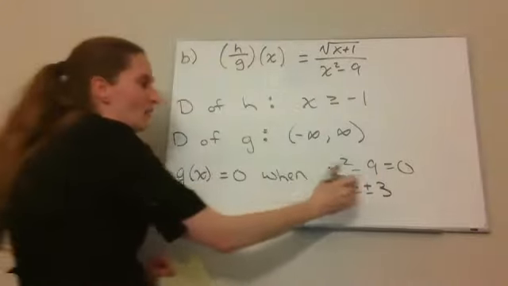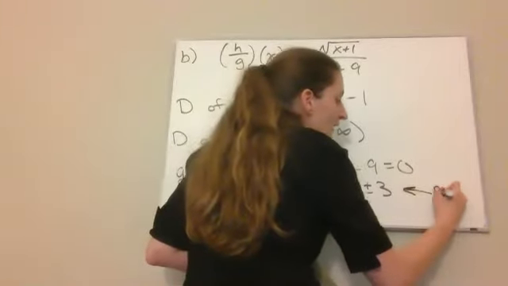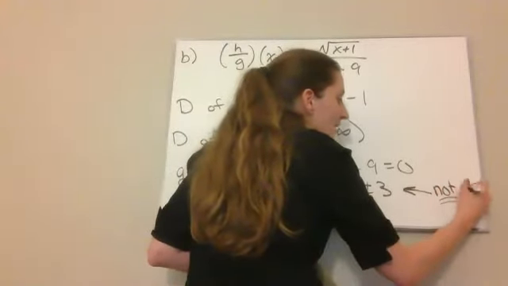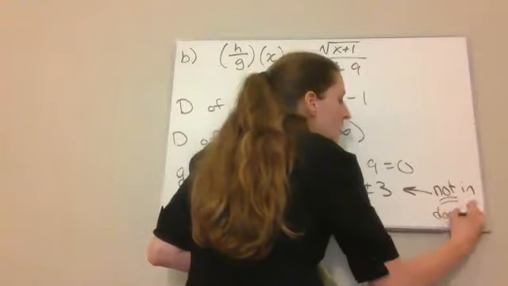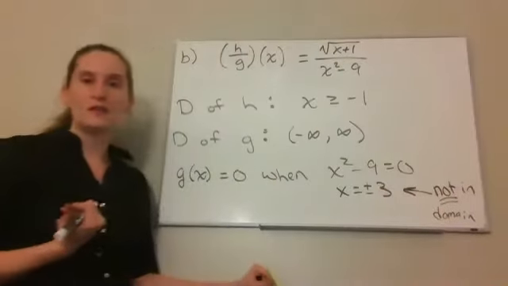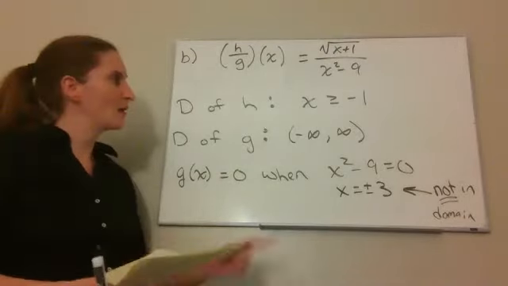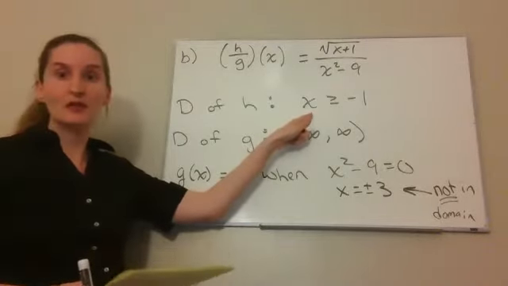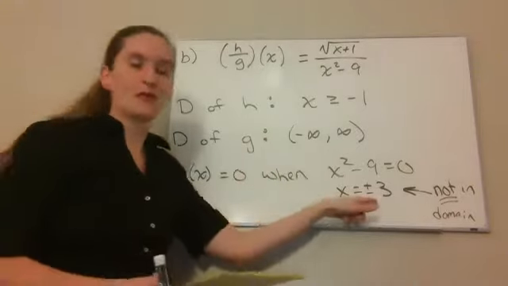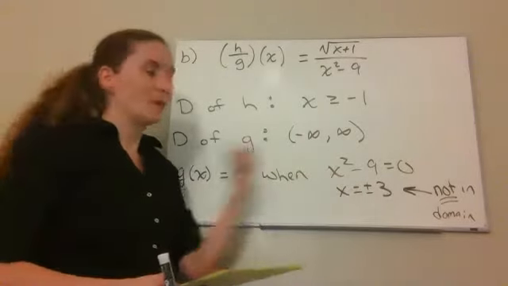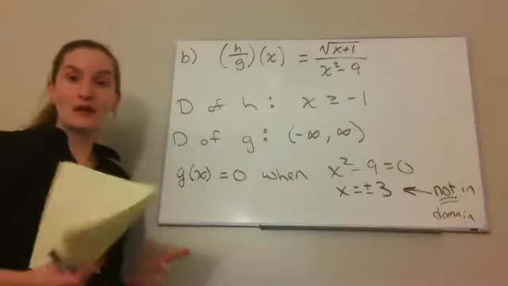So these values, plus or minus 3, are not in the domain. One of the values that makes the denominator 0 was already excluded from the domain because I already knew I needed x to be bigger than or equal to -1. So that -3 was already excluded. But this +3 needs to be excluded as well.